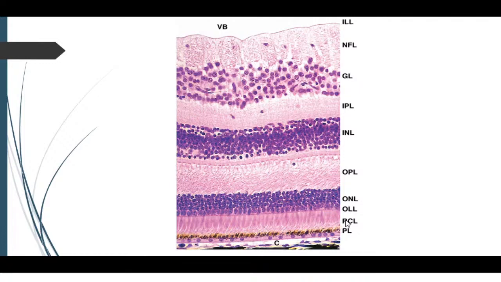Next, the rods and cones layer, outer limiting membrane, outer nuclear layer, outer plexiform layer, inner nuclear layer, inner plexiform layer, ganglion cell layer, look at this one, the larger cells, then the nerve fiber layer, and the inner limiting membrane. It's very easy, maybe seems heavy, but it's possible to study.